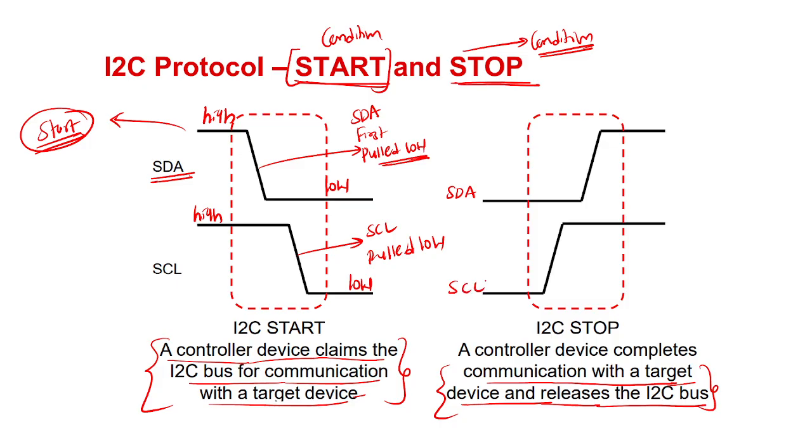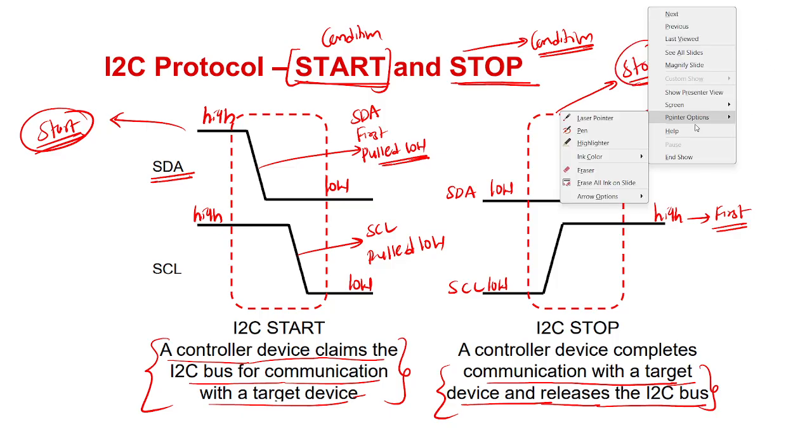First, SCL will be pulled from low to high. After that, SDA will be pulled from low to high. This is what we call the stop condition.